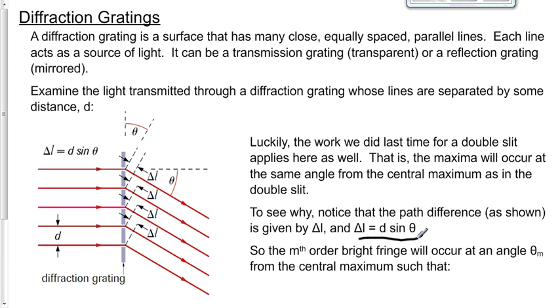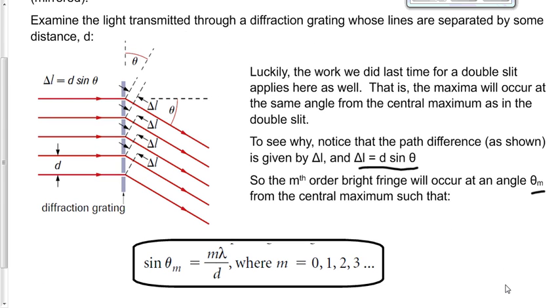We still have waves that are out of step from their neighbor by the same amount. So we have the same equation: the mth order bright fringe, like the first, second, third, or 0th order, is going to occur at this angle theta m, given by this expression, which should look pretty familiar. This is the exact same expression that we had for the double slit.